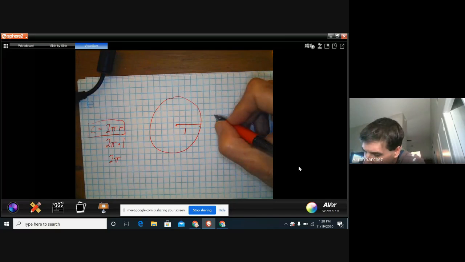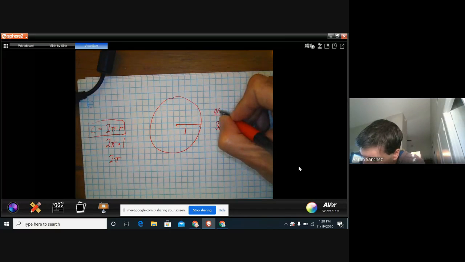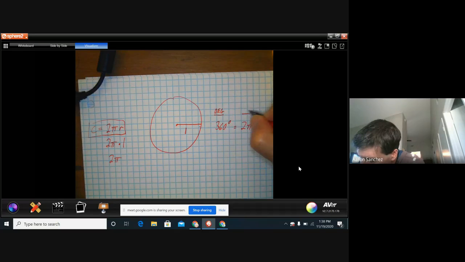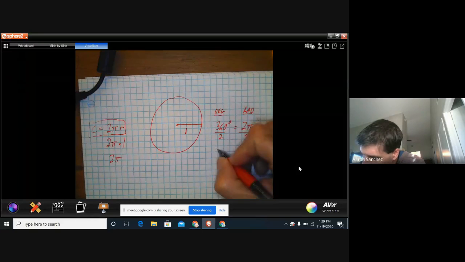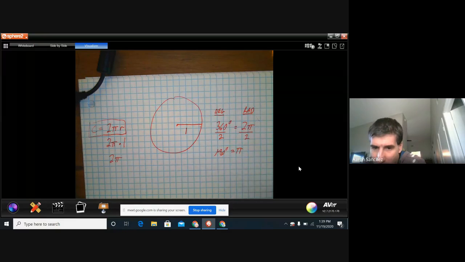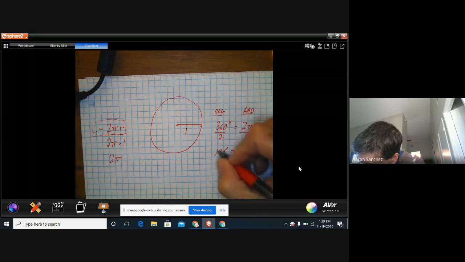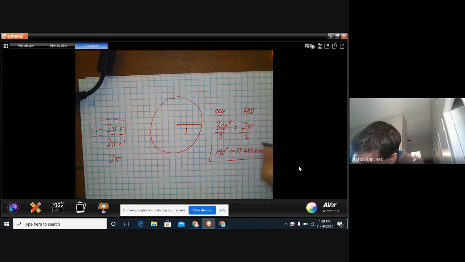This side is degrees, this side is radians. Let's get rid of this 2 by dividing both sides by 2. 360 divided by 2 is 180 degrees. 2 divided by 2 is pi. So guess what? 180 degrees is equal to pi radians.